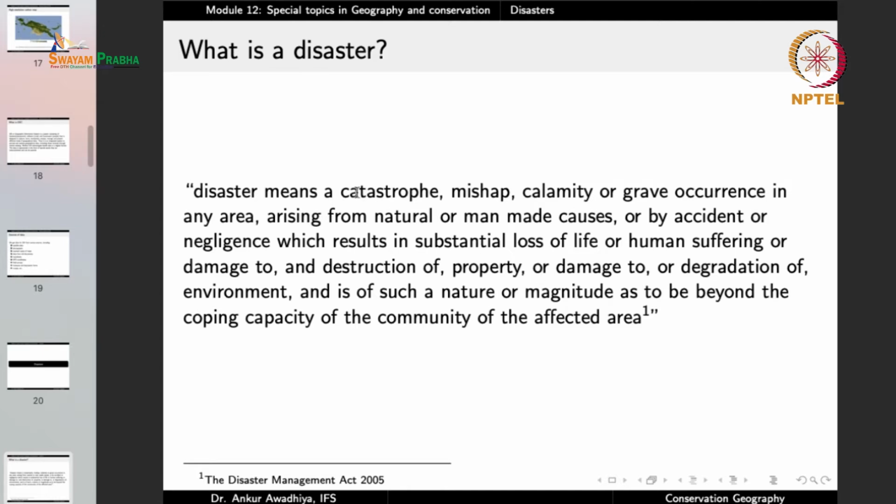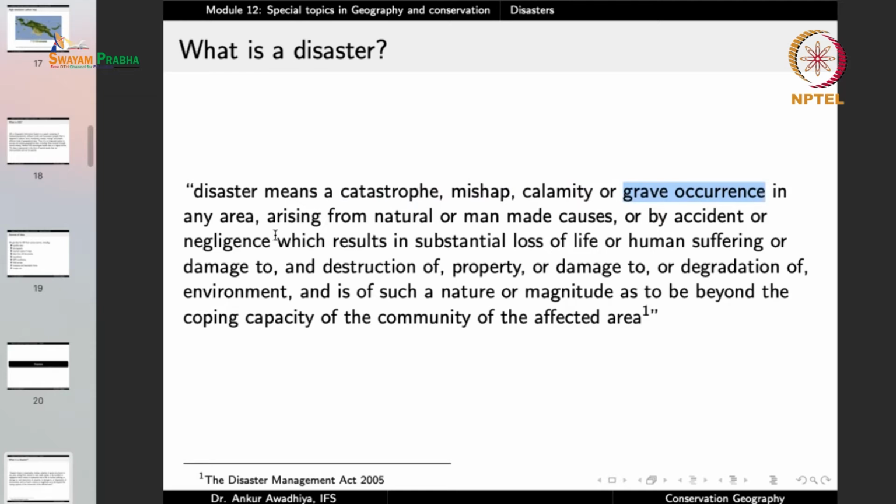That is, disaster can be in the form of a catastrophe, mishap, calamity, or grave occurrence in any area. So, it is not the situation that disaster occurs only in some areas, it can occur in any area and can take various forms. It can be a catastrophe, it can be a mishap, it can be a calamity, or it can be a grave occurrence.